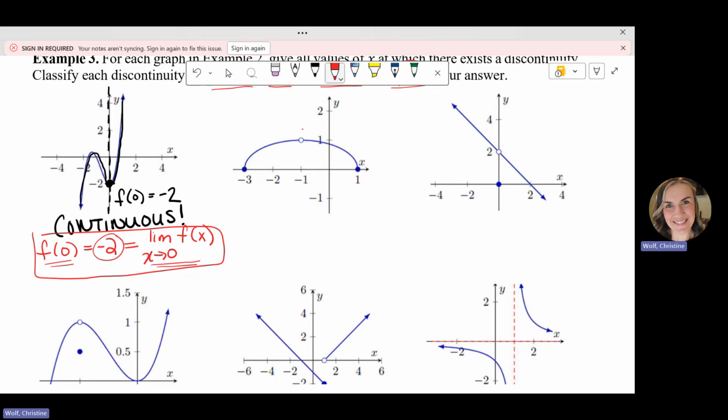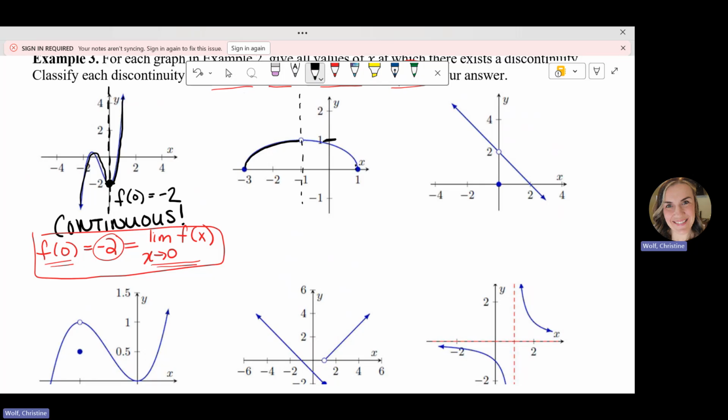I see this, so I know I might have a problem here. Typically, whenever you see a hole in the graph like that, and everything else is nice and smooth, that's going to be removable. But let's prove it. When I approach from the left of -1, this is the x value I'm looking at, I see that I have a limit existing at 1.